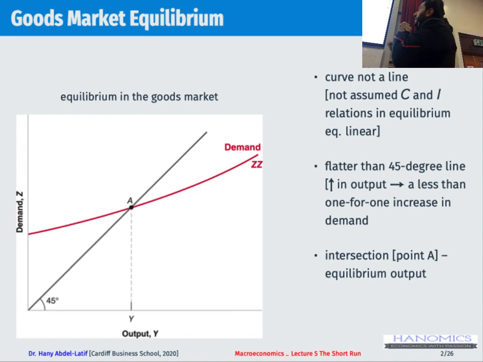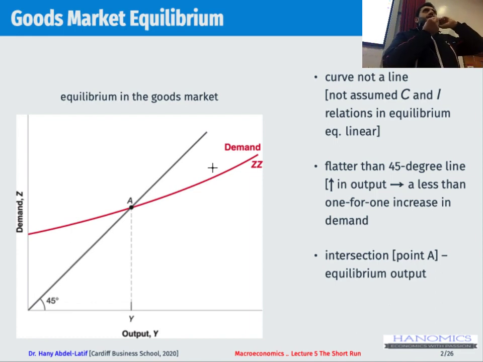One more thing to notice is that the aggregate demand curve, which is the ZZ curve, the red one, is flatter than the 45-degree line because we're assuming that if there's an increase in output, there's a less than 1-for-1 increase in demand. And we explained this in the previous lecture when we treated investment as exogenous.